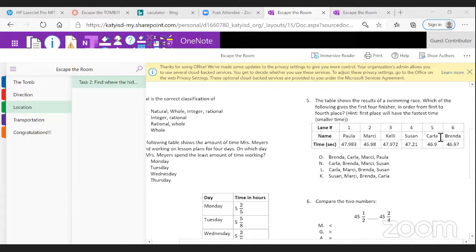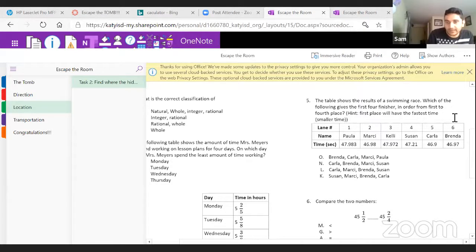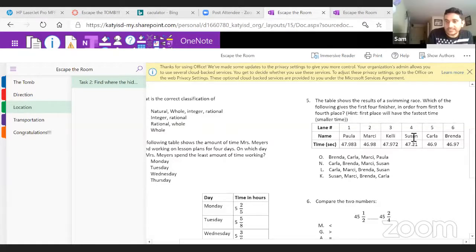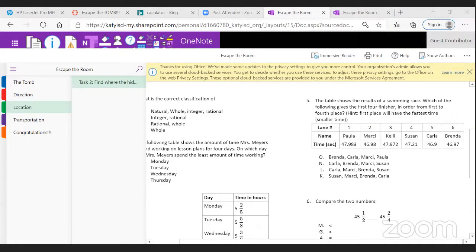So the smallest person would be Carla, and then Brenda, and then Susan, I think. I don't know. So which one has the least amount of time, smaller time? Oh, that's Susan. That's a 46.9, right? Yeah.